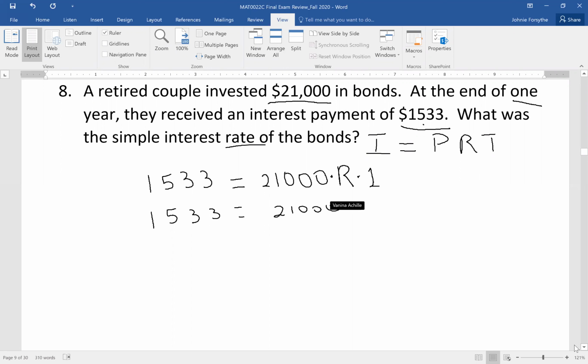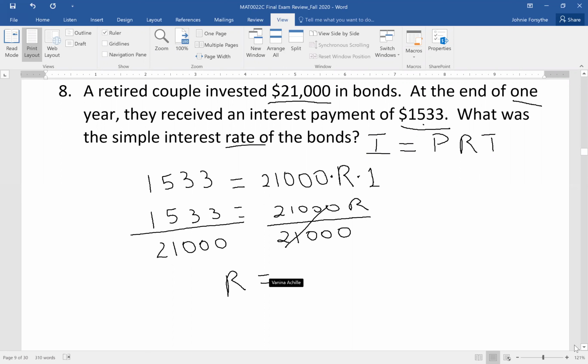So solving for the unknown, we have 1533 equals 21,000 R. I'm solving for R, so I need to get rid of the 21,000. So I'm going to divide each side by 21,000. This cancels out, so my R is equal to... Should I just do the answer, Johnny, or do I have to literally do the division?